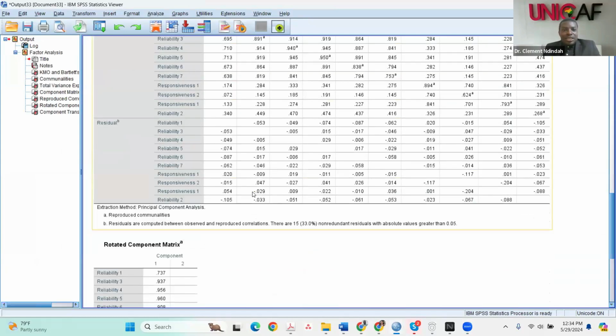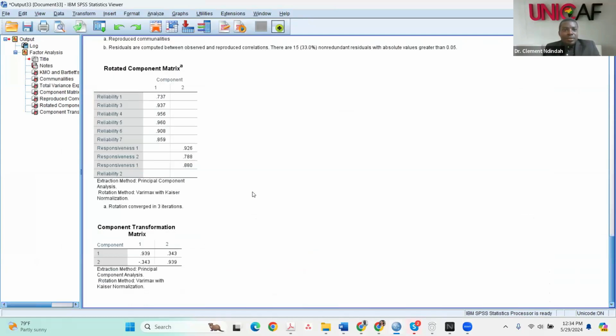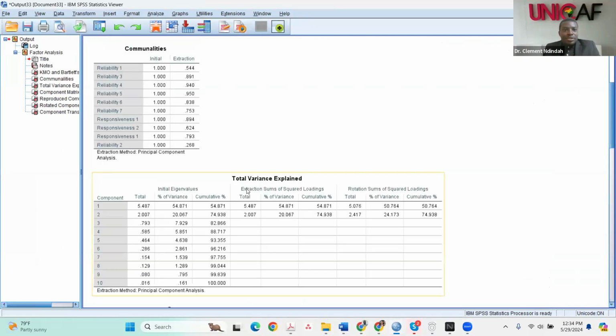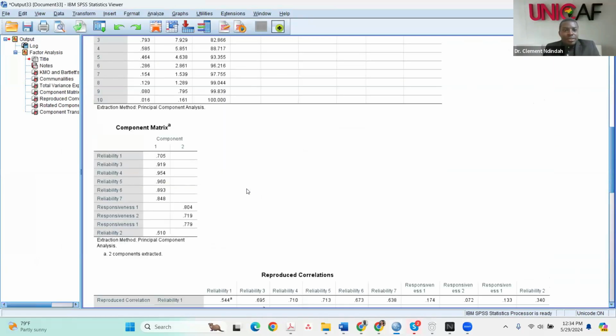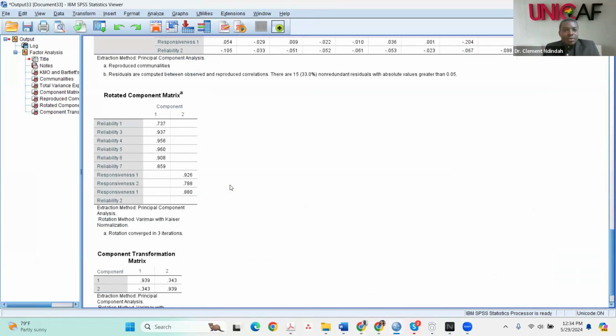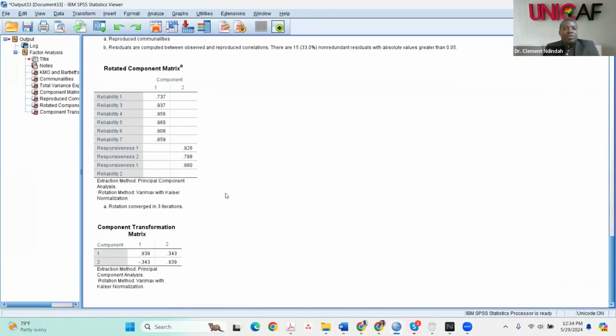Remember when we did this analysis, it came out clear. Remember when we did our analysis, we realized that this particular variable, reliability 2, was not suitable for our model.